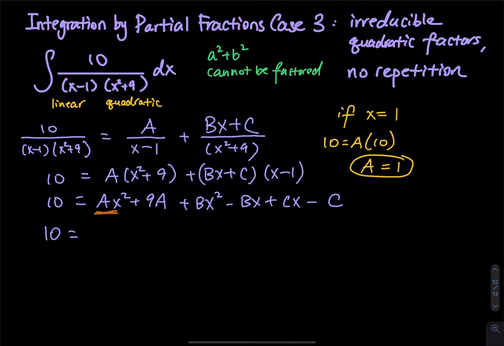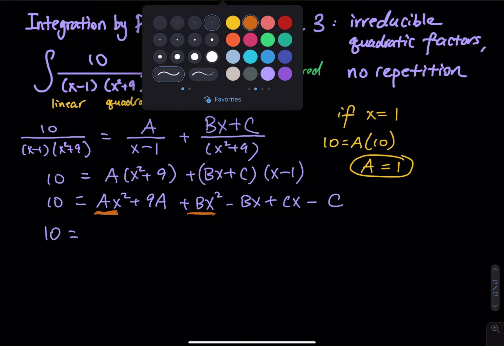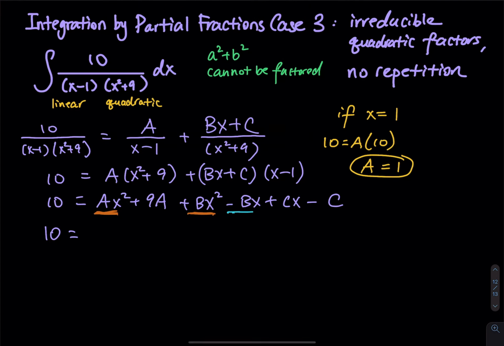The square, and then the first power, is right here. And then we have the constant. The constant is the 9a and the minus c. Let's group them. So we have ax squared plus bx squared, and then minus bx plus cx, and then plus 9a minus c.